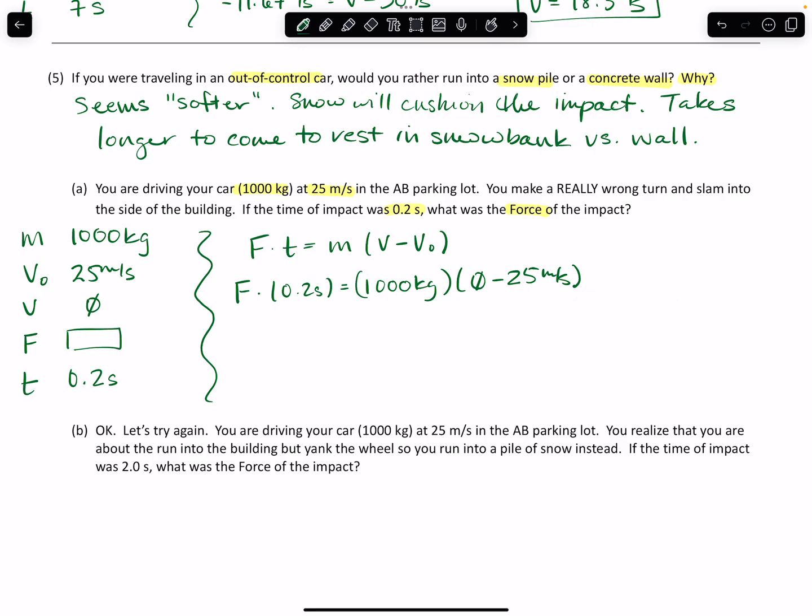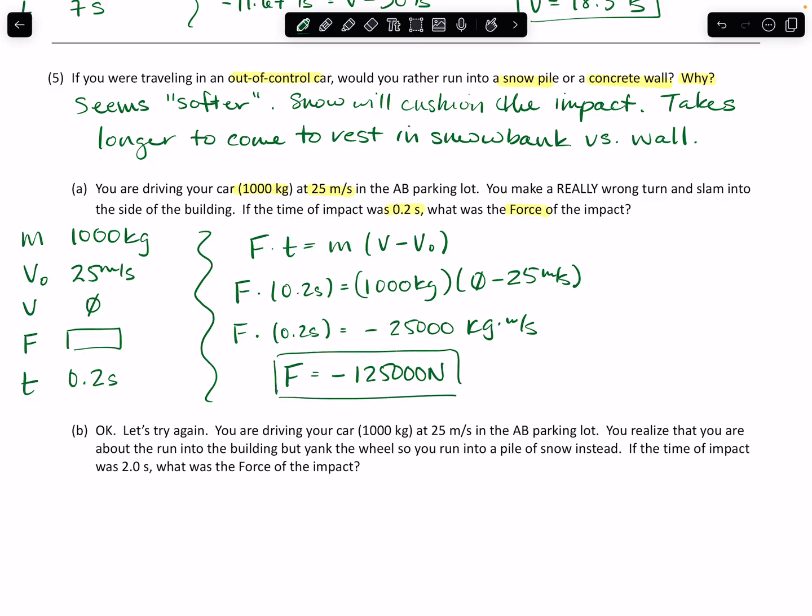So force times 0.2 seconds is equal to negative 25,000 kilograms times meters per second. Then we divide both sides by 0.2. So the force is going to be negative 125,000 newtons. That's a lot of force. That's going to leave a mark on your car and potentially you.